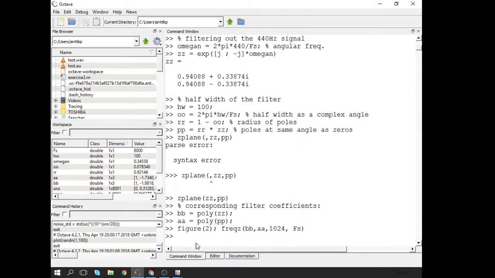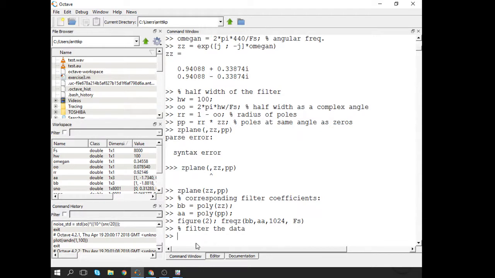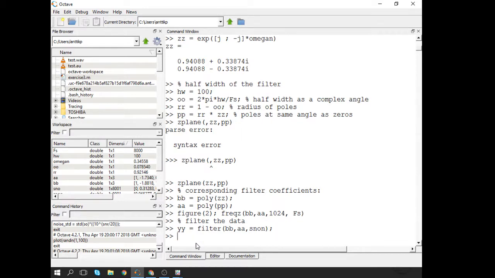So the filter data. So y equals filter PB, AA, and SNON, like that. And let's then listen.